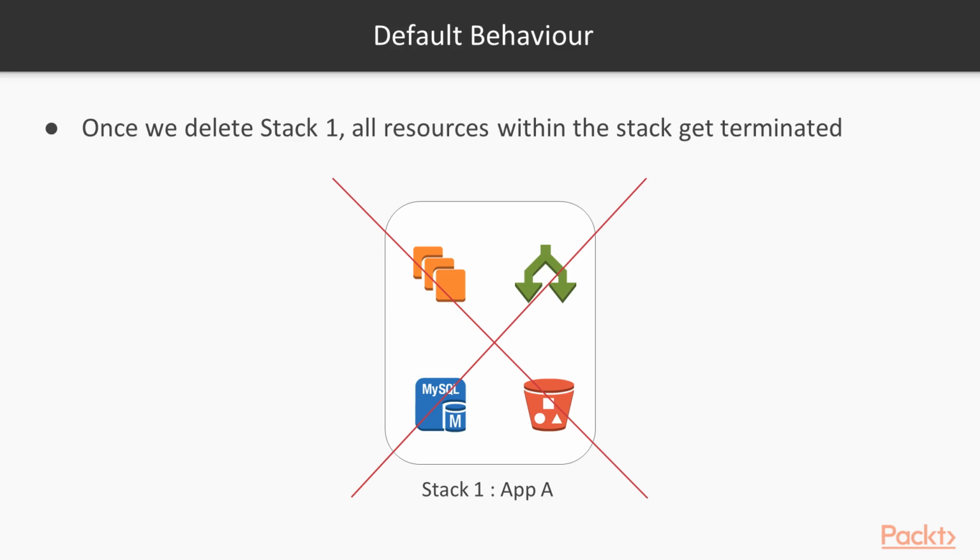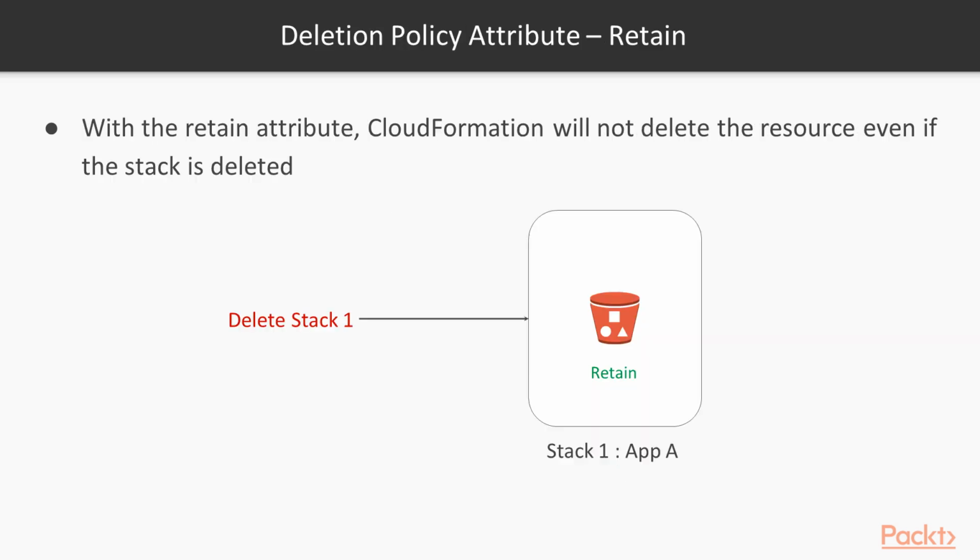However, in a lot of scenarios, there can be a need where you don't really need the default behavior. So let's take one more example. This is a deletion policy and the attribute name is retain. What happens with the retain attribute is that whenever you have a resource which is created with a retain attribute, CloudFormation will not delete the resource even if the stack is deleted.